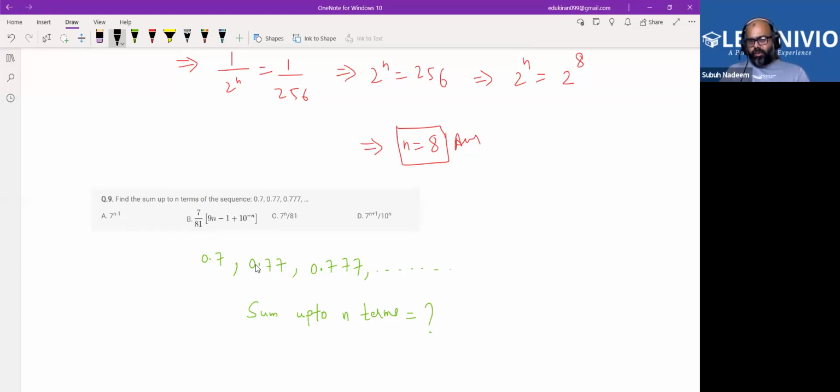So right now it is not a GP. You will have to do some changes to make it a GP. So think in that direction.